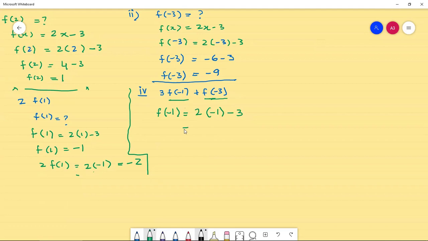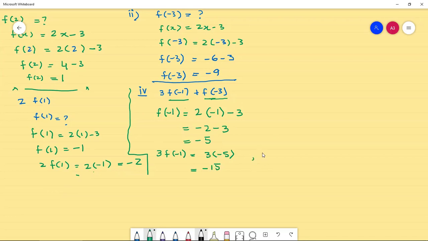This will become minus 2, minus 3 will become minus 5. After that, we have to multiply with 3. So 3 into f of negative 1 is equal to 3 into minus 5. So this will become minus 15.